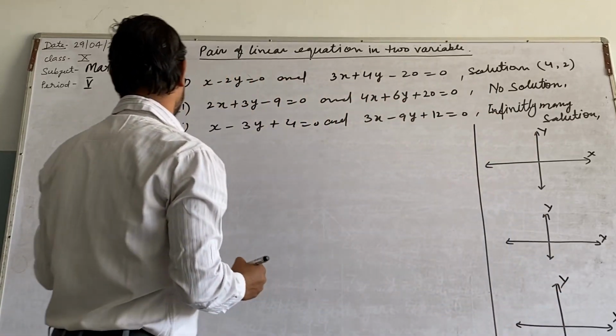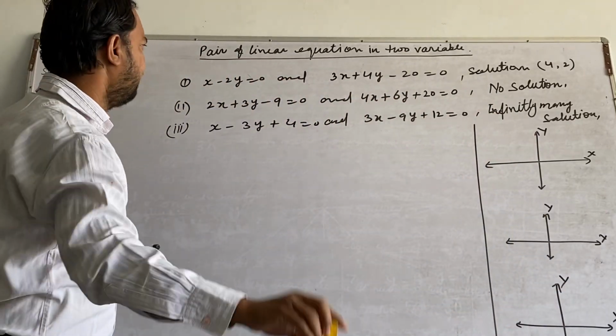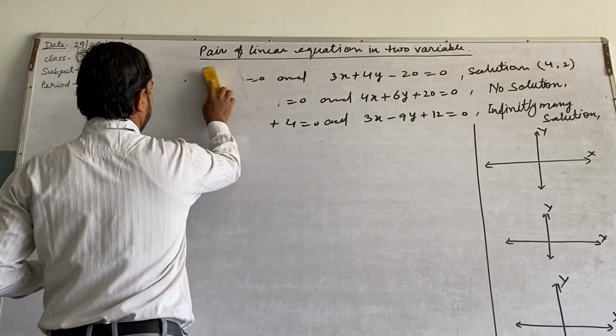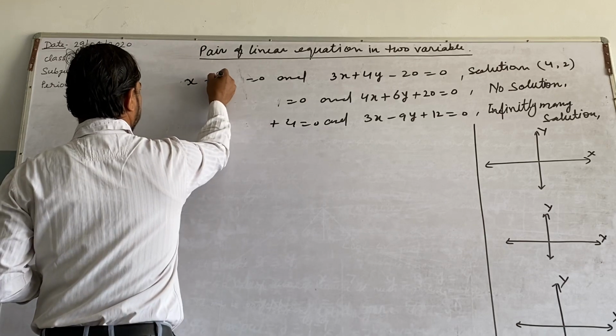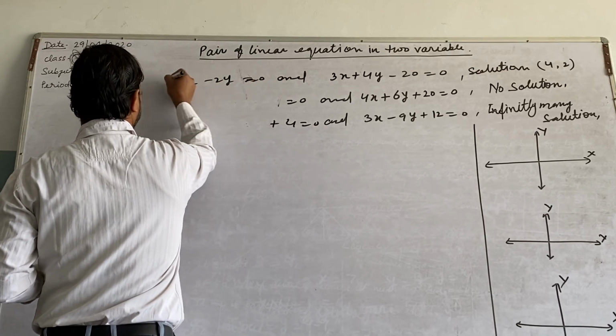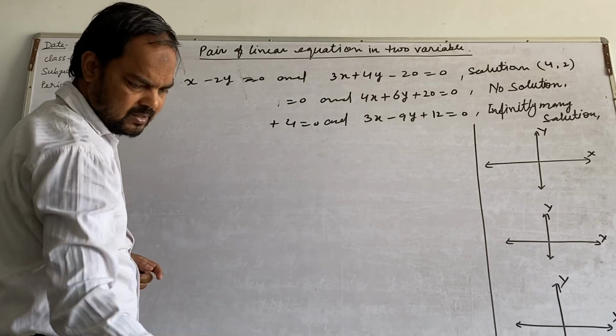See here first. Now, x minus 2y equal to 0.